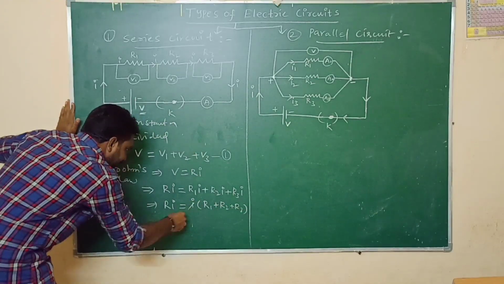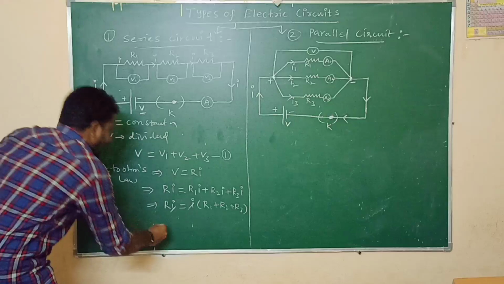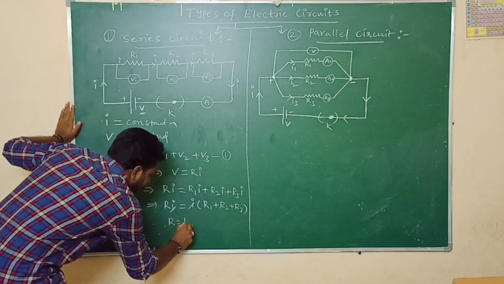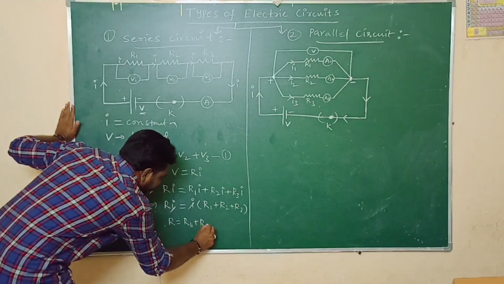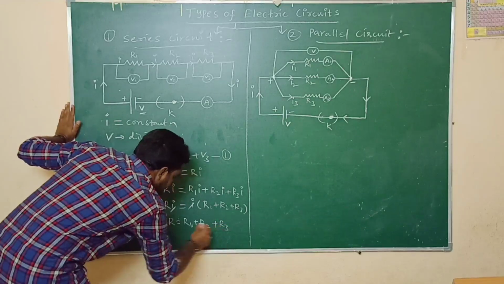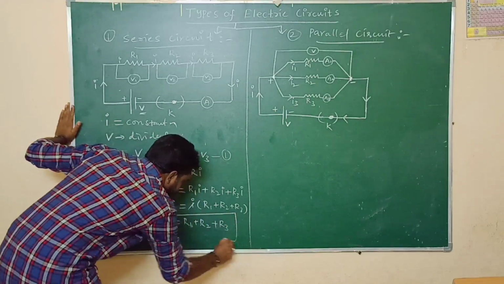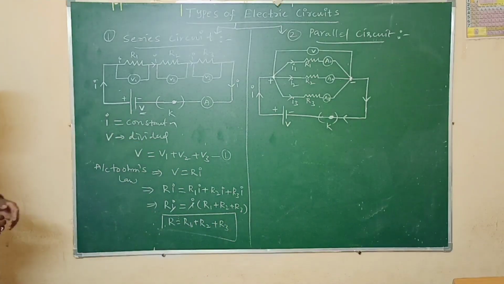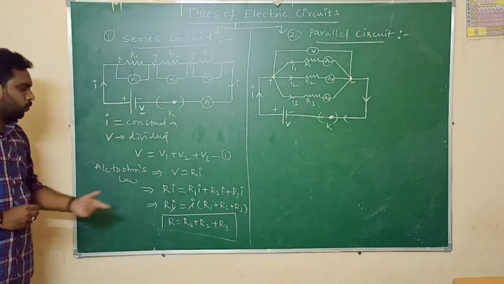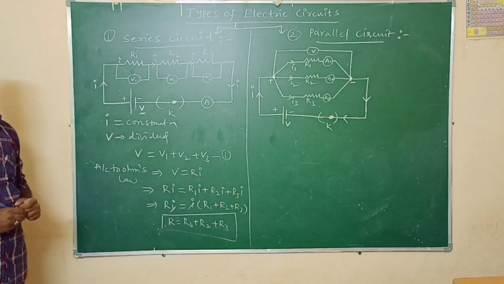Both sides I gets cancelled. So then we can write R equals R1 plus R2 plus R3. So this is the final equation to find the total resistance when the resistors are connected in series.